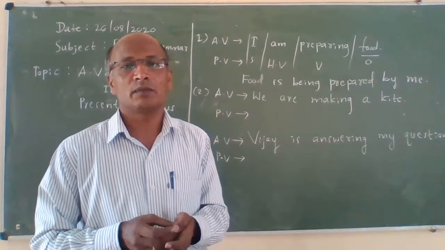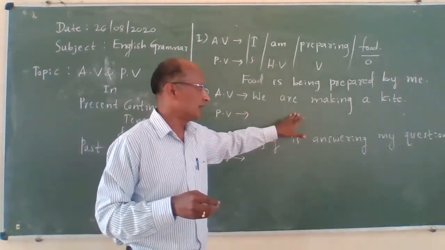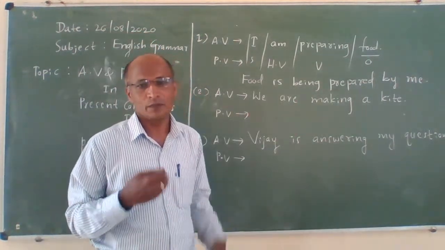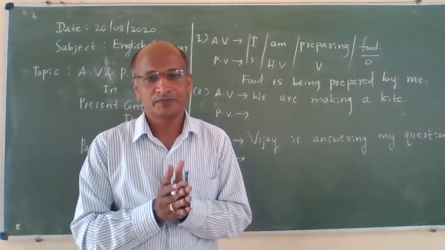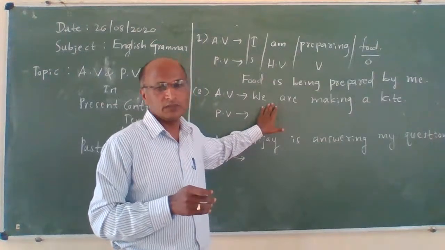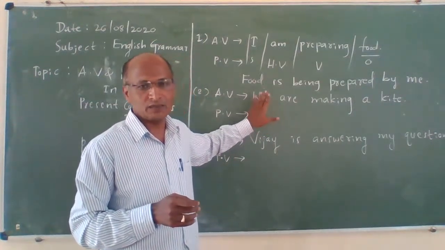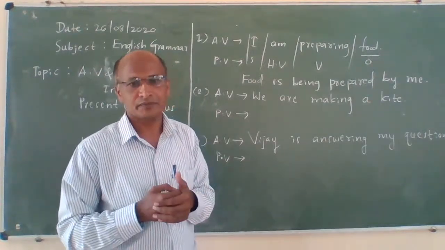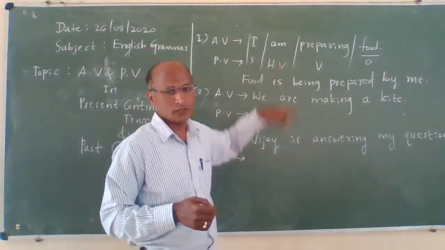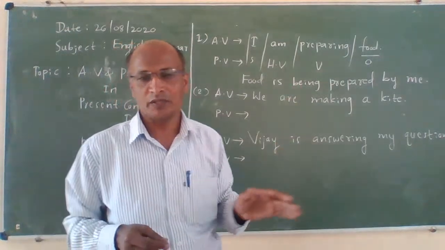the second example. If we are making a kite, how do you change from active to passive? This is also present continuous tense. This is active voice. This is affirmative sentence. How do you change from active to passive? See, we should follow the same procedure over here.